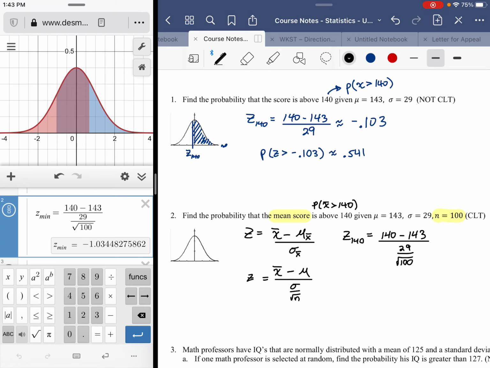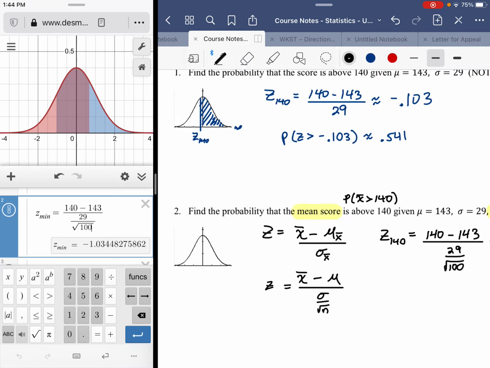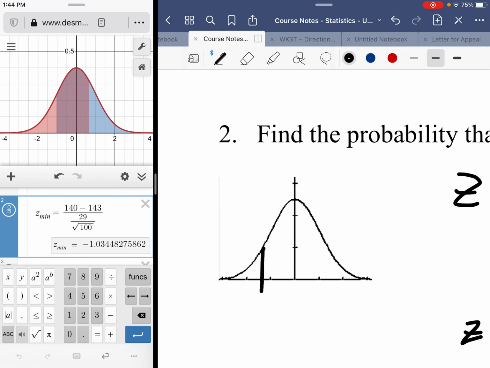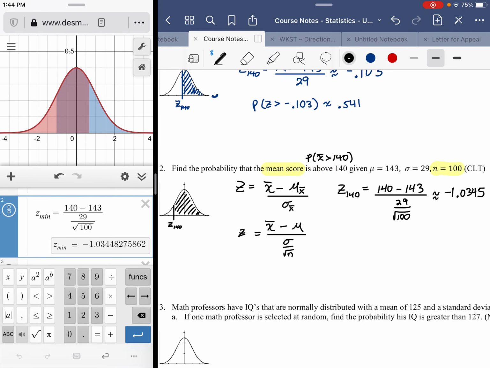The z-score for the minimum is negative 1.034, and so on, which is going to put it somewhere in this neighborhood. We're still looking for the area to the right, but we're now looking for the area to the right of a value that's more to the left. So we're going to get a probability that's larger.